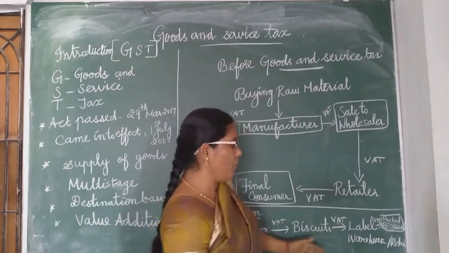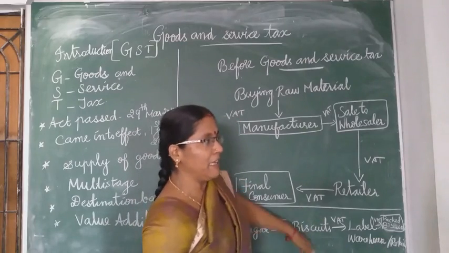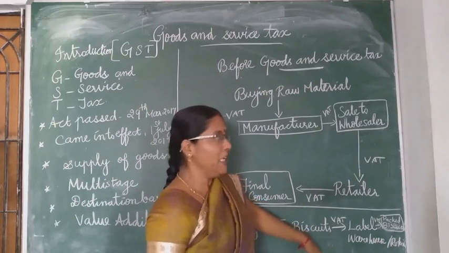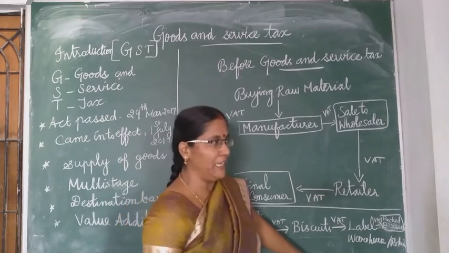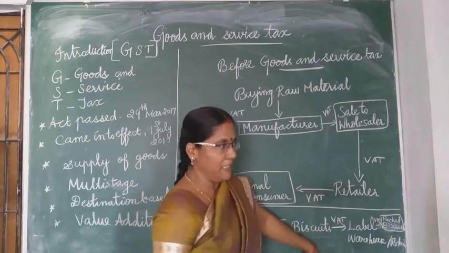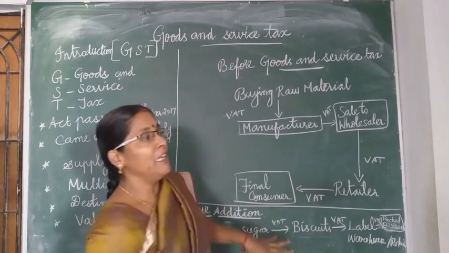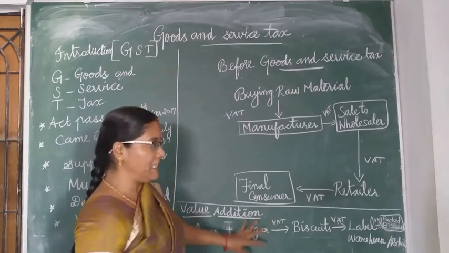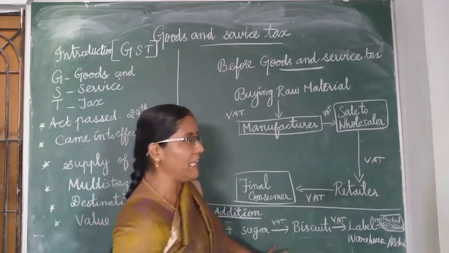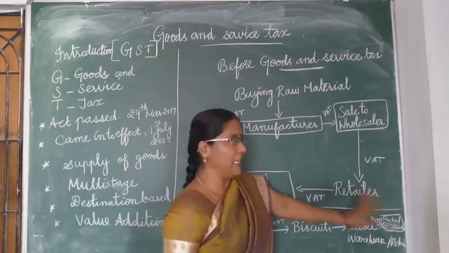So at each and every stage there is an increase in value, isn't it? At each and every stage GST is levied on this value addition. Monetary value is added at each stage to achieve the final sale to the end consumer.